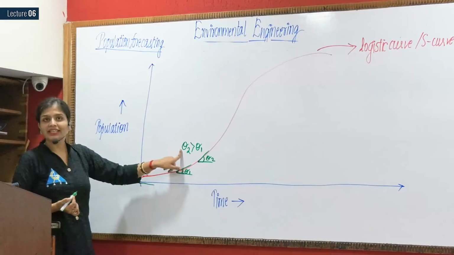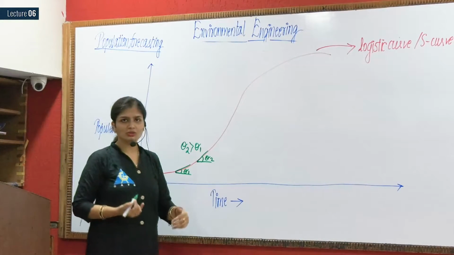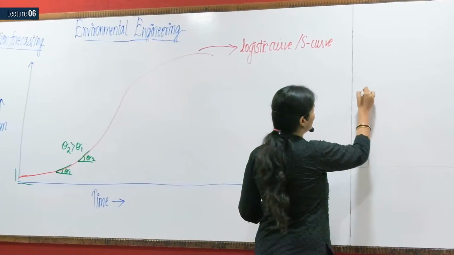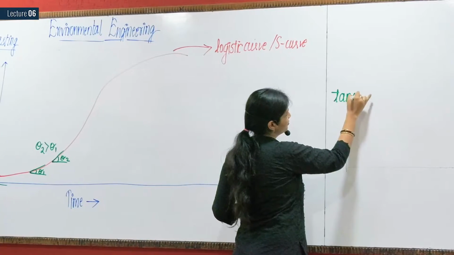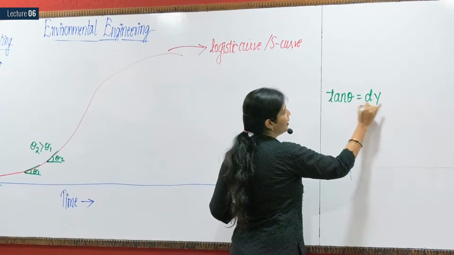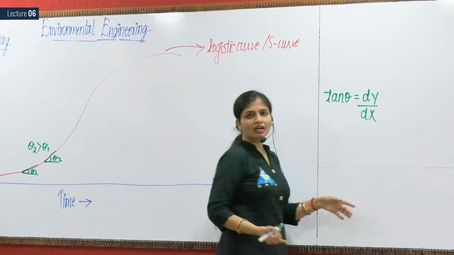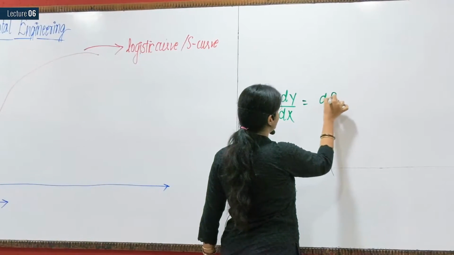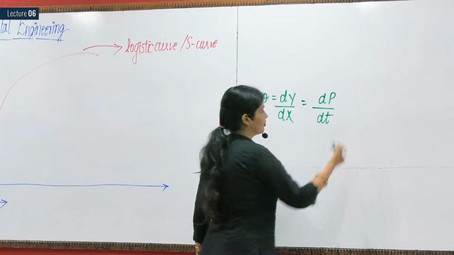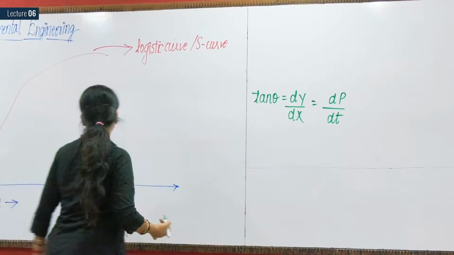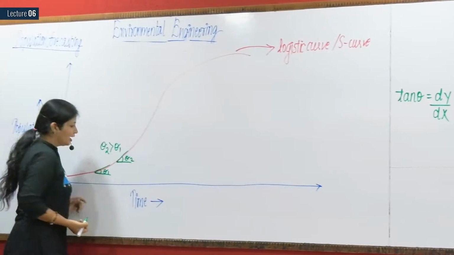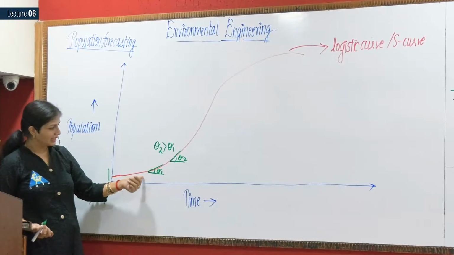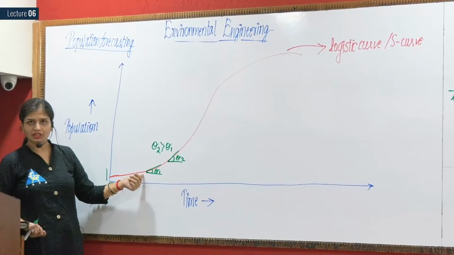And what is this theta, by the way? Theta is the slope, and you know that tan theta is equal to dy by dx. So here, in place of ordinate, we have population, and we have time. If you calculate the slope, you see that dP by dt at theta 2 is greater than at theta 1.